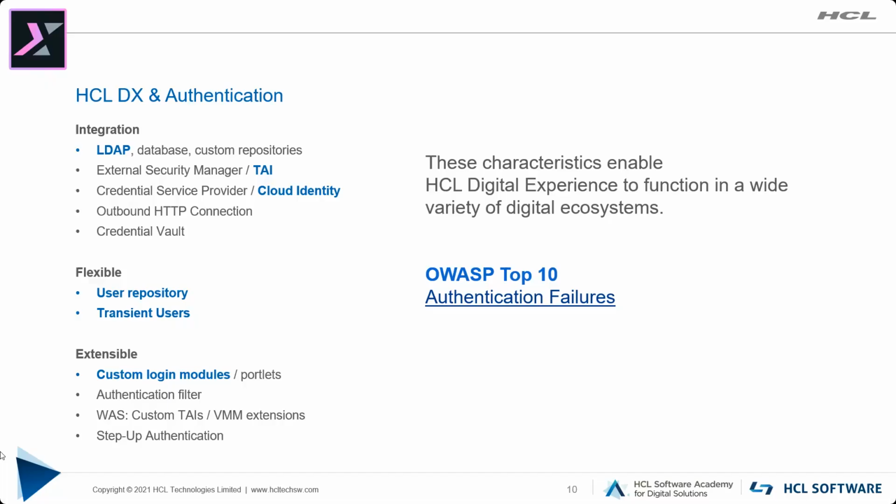But in the end, it is a very important aspect of security, and we do see it show up in the OWASP top 10 list under the heading authentication failures. And they break those out into several types.